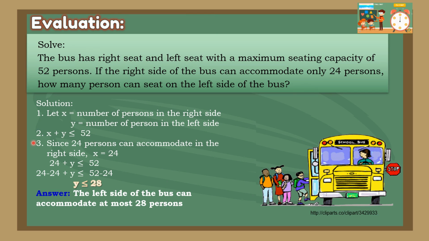Then, number 3, since 24 persons can be accommodated on the right side, we have x equals 24. So, substitute: 24 plus y is less than or equal to 52. Subtract 24 from both sides. So, we have y is less than or equal to 28. So, the left side of the bus can accommodate at most 28 persons.